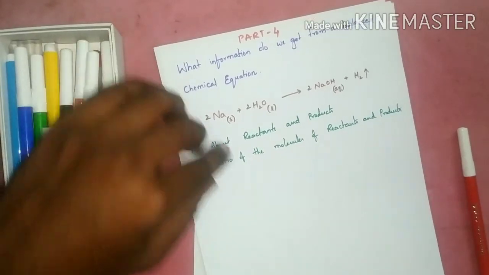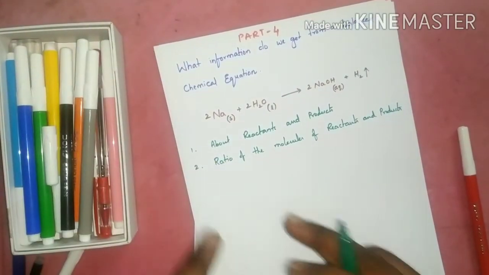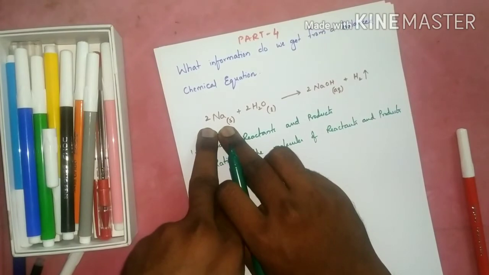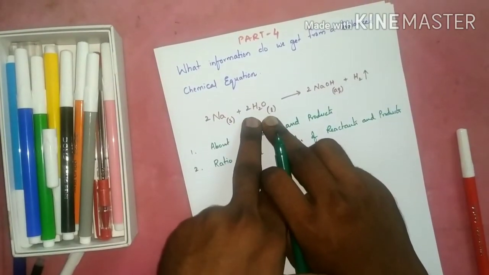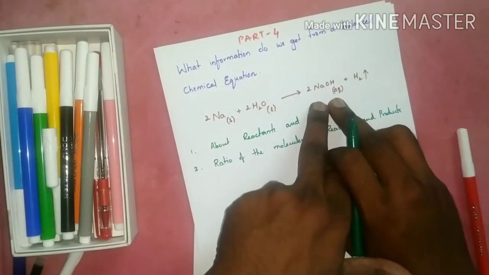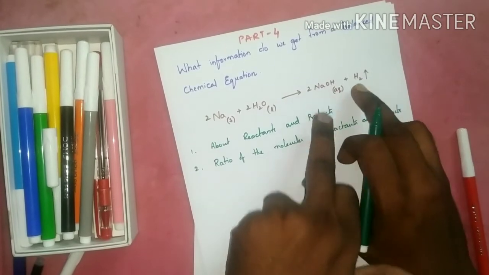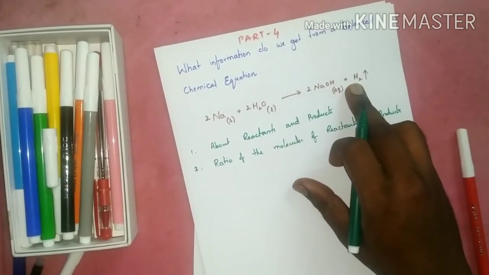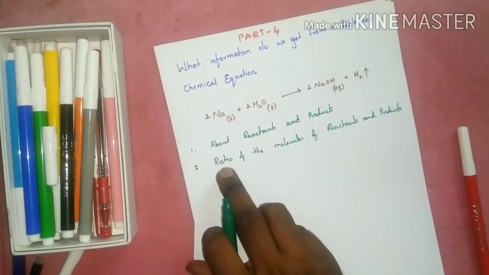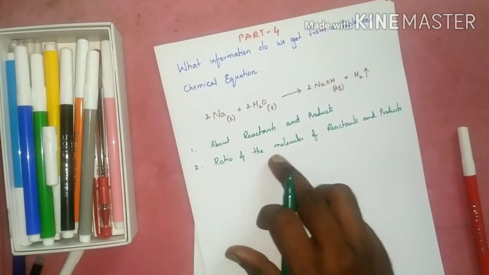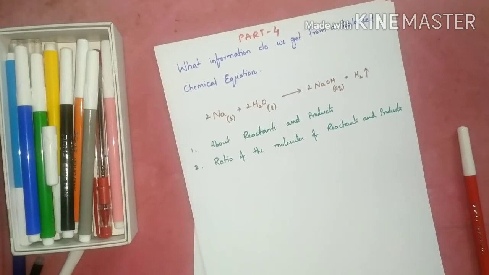Here you are saying 2 atoms of sodium, 2 molecules of water, 2 molecules of sodium hydroxide, and where there is no number, it means 1 molecule of hydrogen.